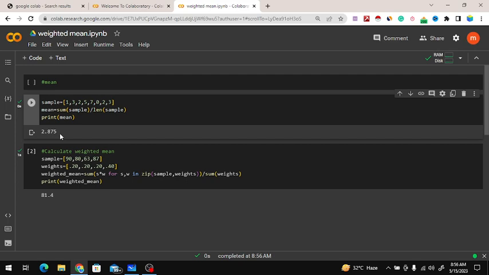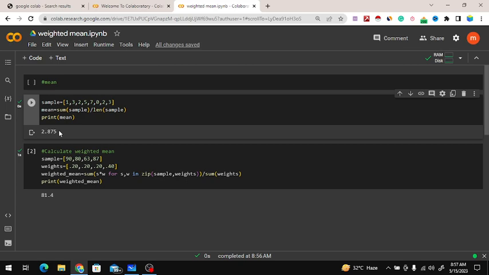So you can see we polled 8 people on the number of pets they own. The sum of the sample is 23, and it should be divided by 1, 2, 3, 4, 5, 6, 7, 8. So we have gotten 2.875. The number of items in the sample is 8.